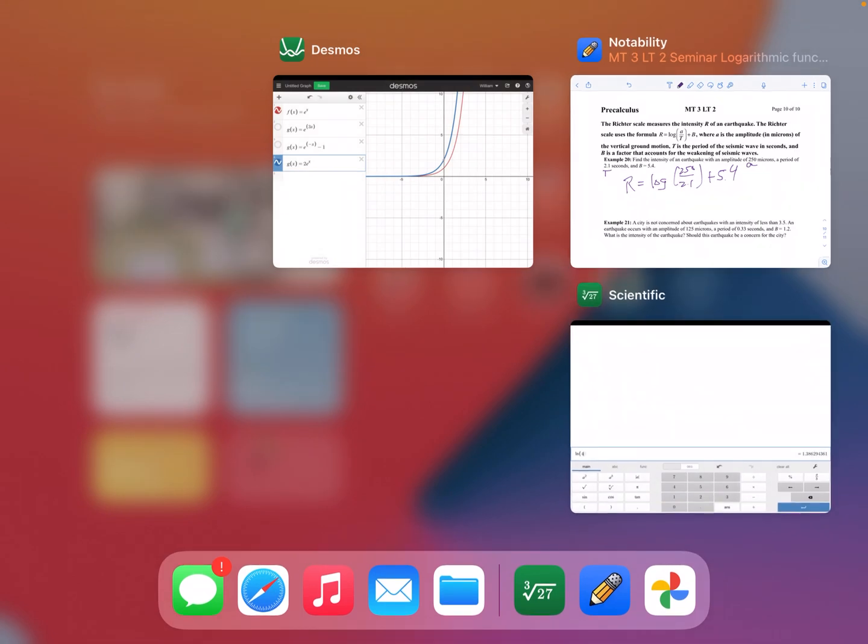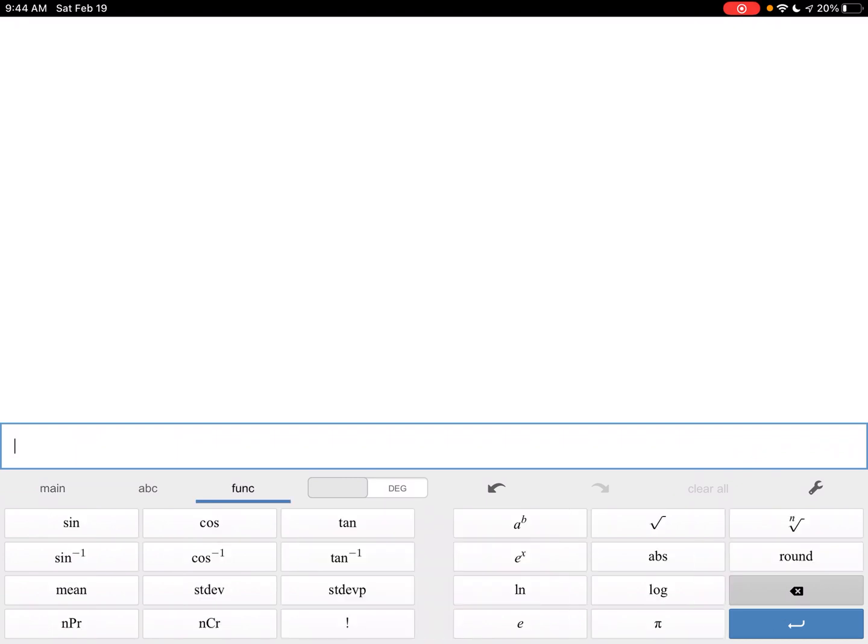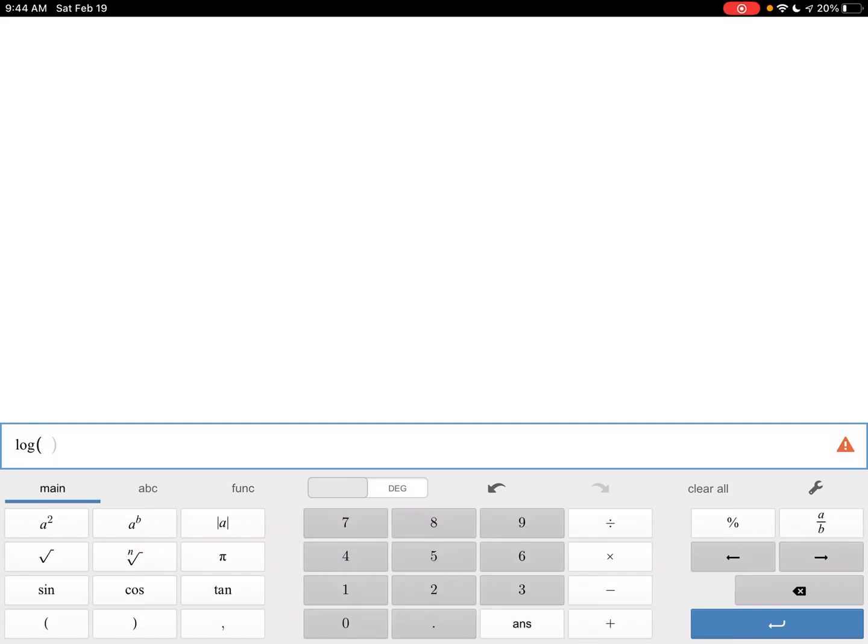So I'm going to say the log of 250, need a parentheses there.